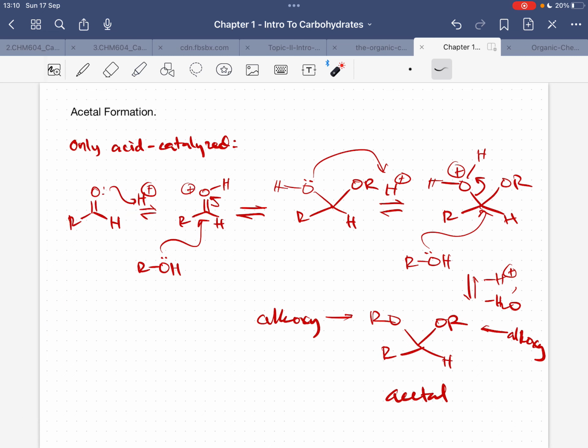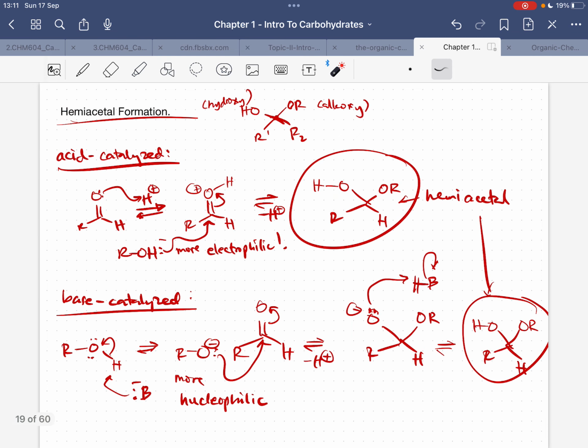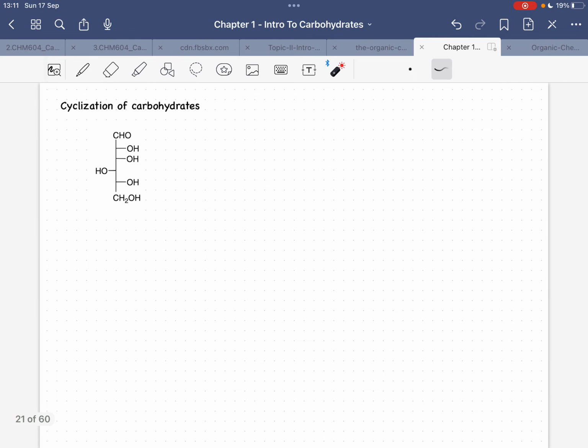Okay. This formation happens in disaccharide formation. Okay? It is an acetal type mechanism, whereas the hemiacetal is the cyclization of monosaccharides. Okay. So, if we demonstrate the cyclization of carbohydrates, it goes like this.